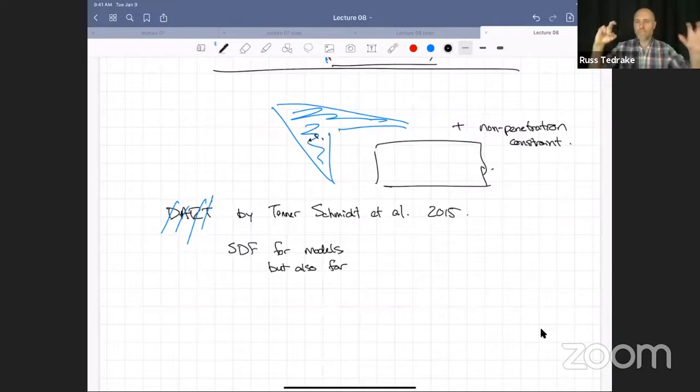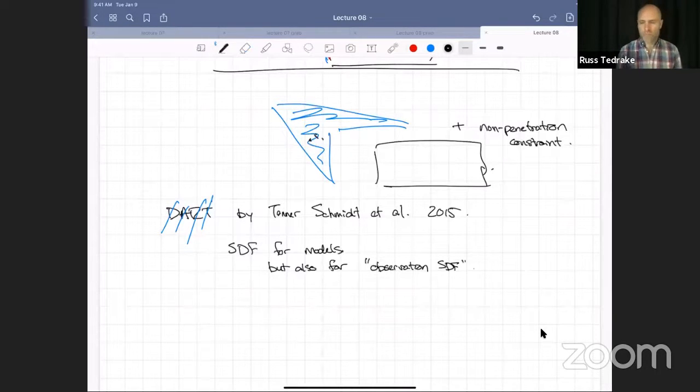They called it the observation SDF. They were able to show that on a GPU, you could make that signed distance function on the fly at real-time rates, and add those non-penetration penalties. They did an unconstrained optimization, so they added them as penalties into the objective.